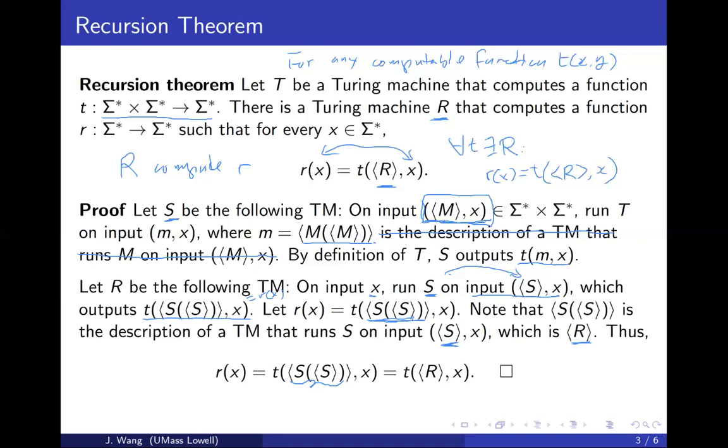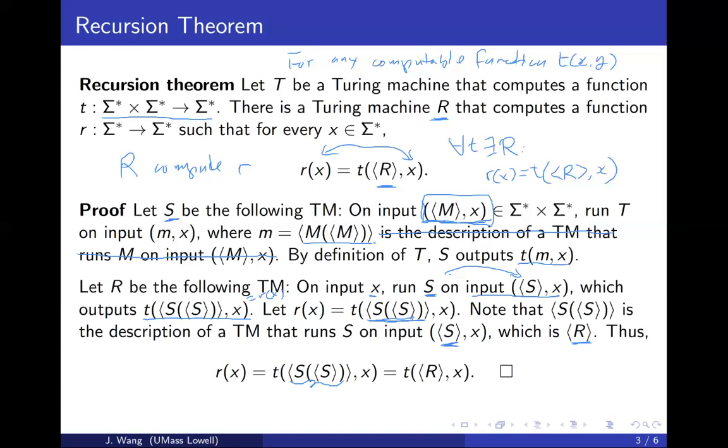Then Turing machines have this property: they can be self-referenced, which means I can have a Turing machine that just prints the description of itself. And so we have this recursion theorem.